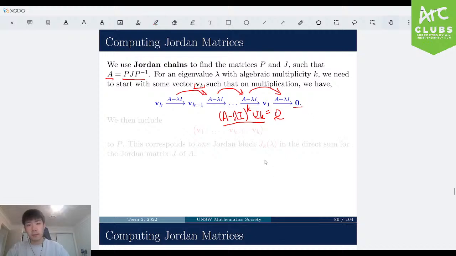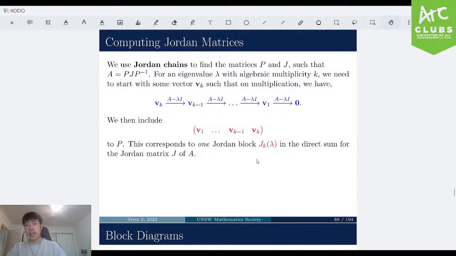Okay. Now, once we have this chain, we can form part of P. These vectors v1, v2, up to vk minus 1, vk form the columns of our matrix P. Now, this is quite similar to diagonalizing matrices, because remember in PDP inverse, these P's were formed by the eigenvectors as the columns.